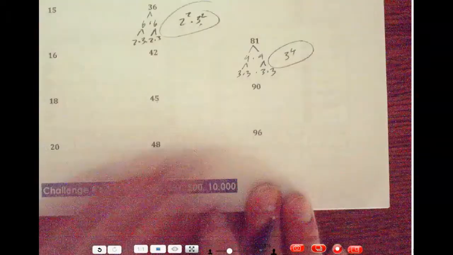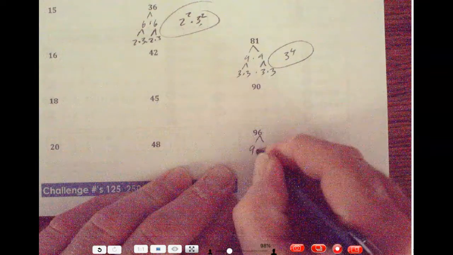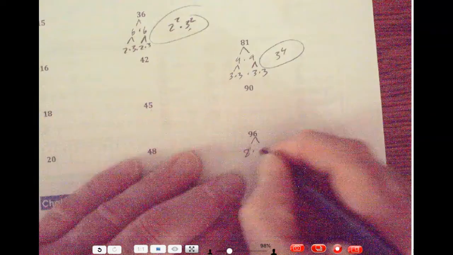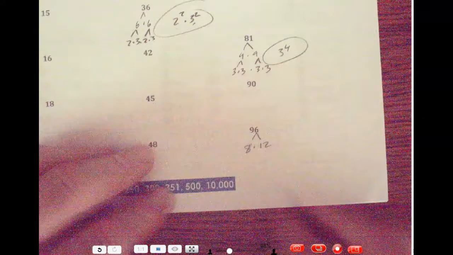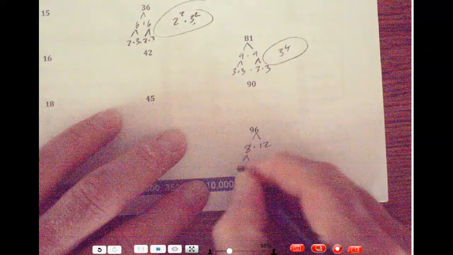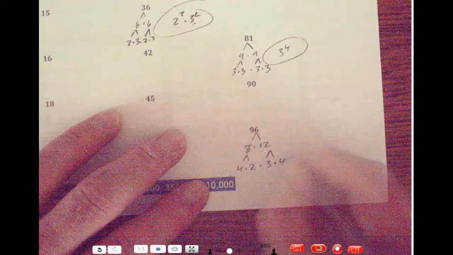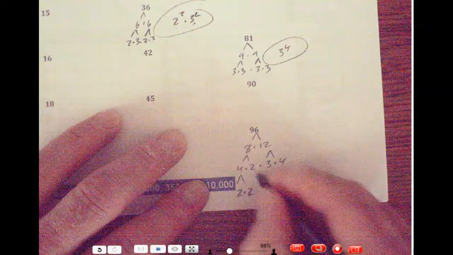I don't know the 96 off the top of my head, but let's just do it. This would be 9 times, no, I'm going to go 8 times 12, sorry about that. I was thinking 108. 8 times 12. And then I can break 8 down into 4 times 2 times, I can break this down into 3 times 4. Got a couple 4's I got to get rid of. 2 times 2, this 2 is still prime, so I'll just bring it down.